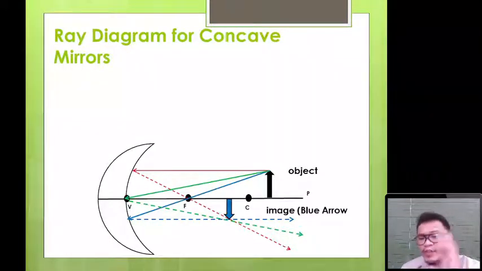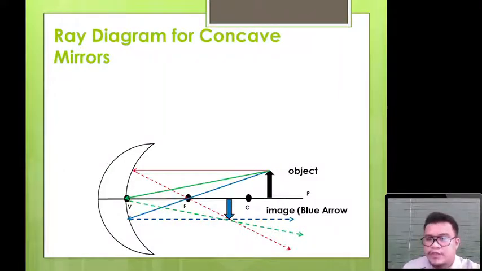So that's why in this case our arrow is inverted, because the intersection happened below the principal axis in reference to our object. So that's why the image there has a different orientation from our object. So that is how the image is formed in this case for concave mirrors.